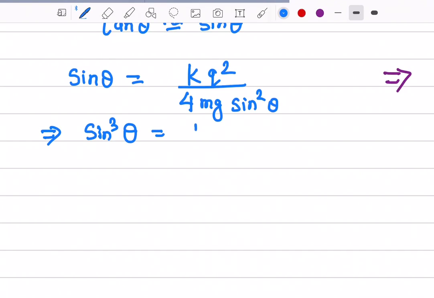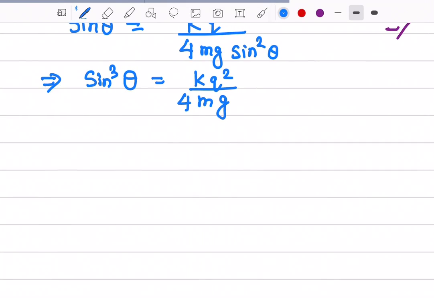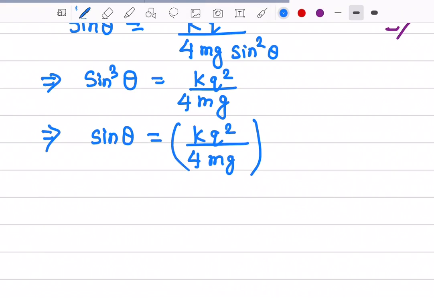If we multiply them together, what you get is sine cube theta equals kq square divided by 4mg. Or, if you need to solve for sine theta, it is kq square divided by 4mg to the power of 1/3.